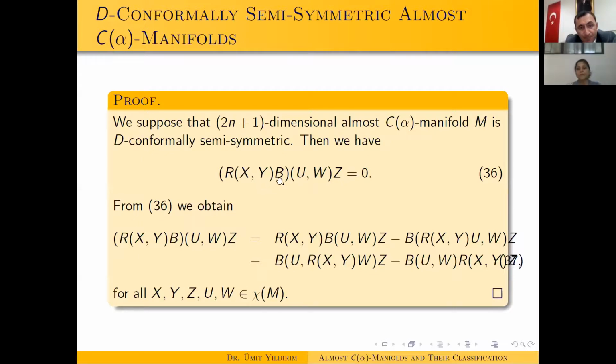This is called D-conformally semi-symmetric. If B is P, projective, this is called projective semi-symmetric. If B is Z, this is called conservative semi-symmetric, and so on. From equation 3.6 we obtain this equation.